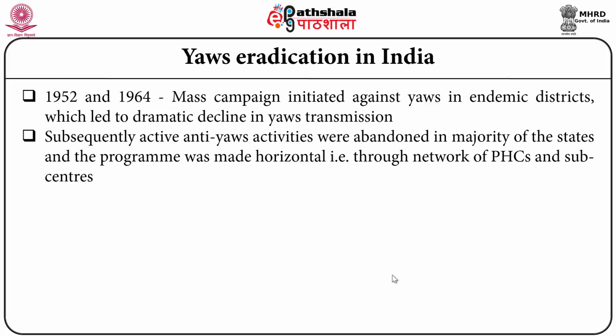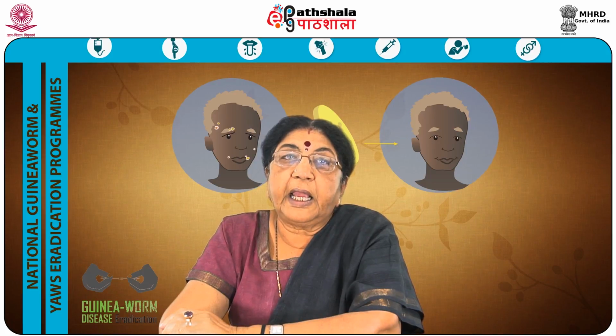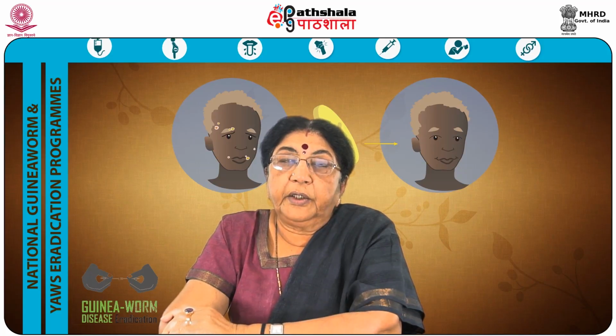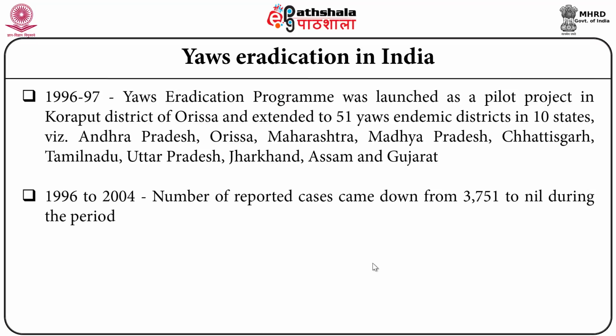Subsequently, active anti-yaws activities were abandoned in the majority of the states, and the program, as I said, was made horizontal through the network of primary health centers and sub-centers. Now, yaws eradication in India. This was launched way back in 96 and 97, running in parallel to the Guinea worm eradication program.